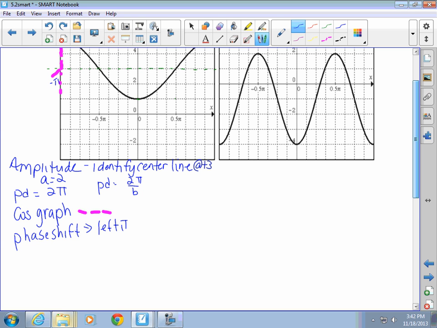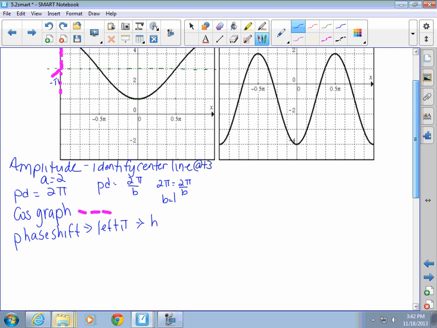So if I'm solving for this, what I'm saying is that 2 pi is equal to 2 pi over b. So by cross multiplication and solving here, my b is just equal to 1. So I know my a is equal to 2, my b is equal to 1. I have a phase shift left pi, so that is my h value.